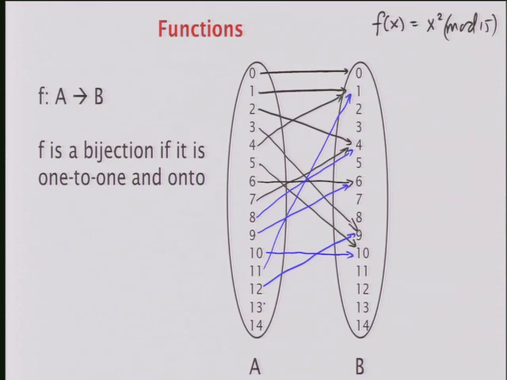So look, it just doesn't stop, right? 4 has 4 square roots. And 14 is the same as 1, so 14 squared is the same as 1 squared. So 1 also has 4 square roots.